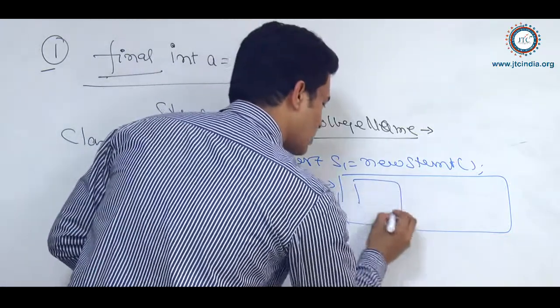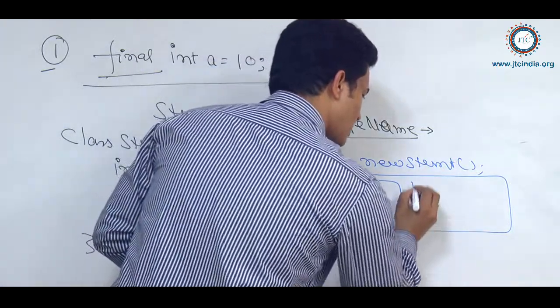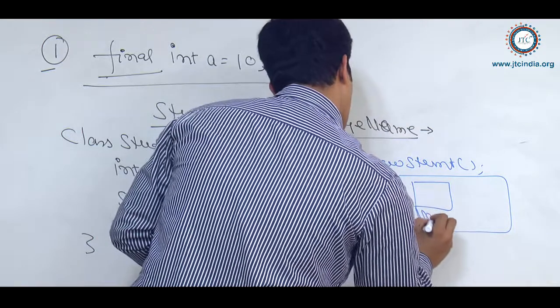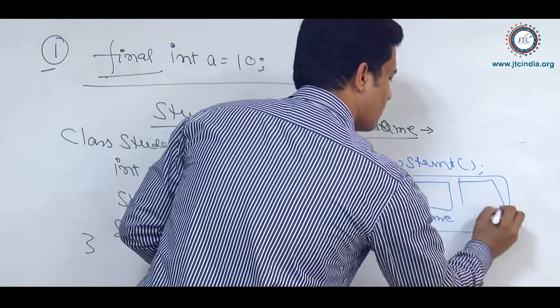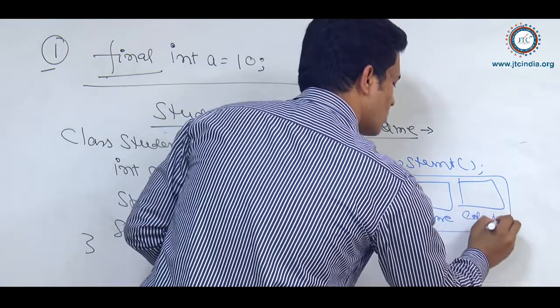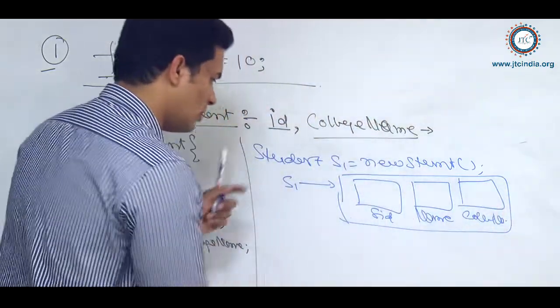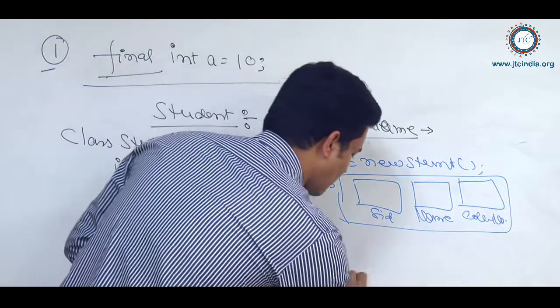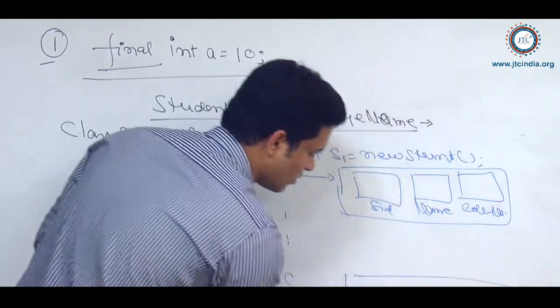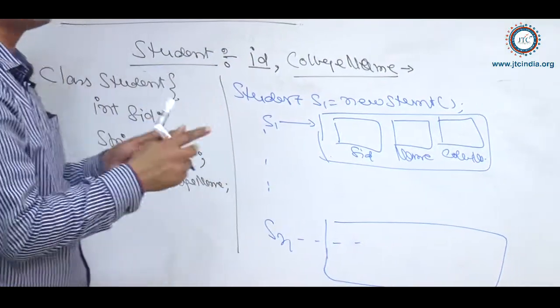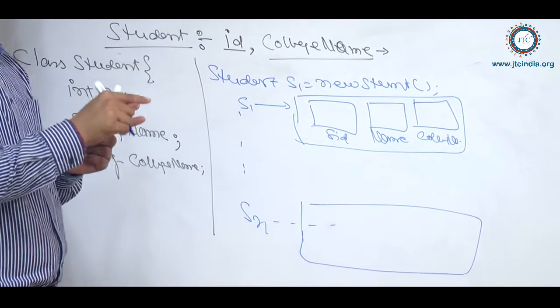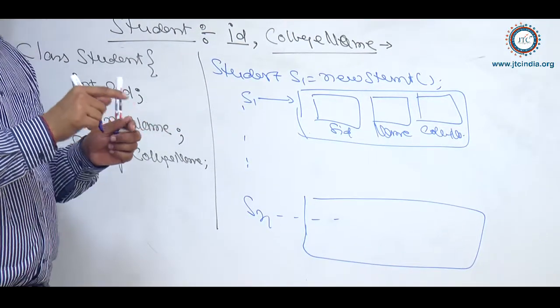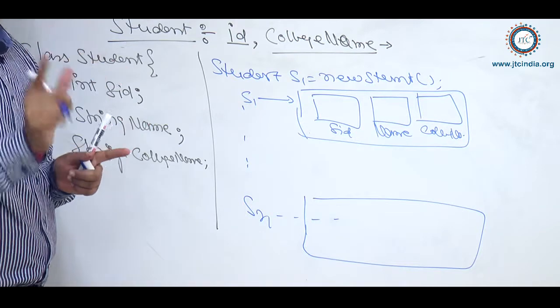For SID it is allocating something, for name it is also allocating something, and college name also it is allocating. Like that, if Sn is there, then n number of times all these things are going to be allocated, because we know that the number of times we create an object, that many times memory will be allocated for all of that.